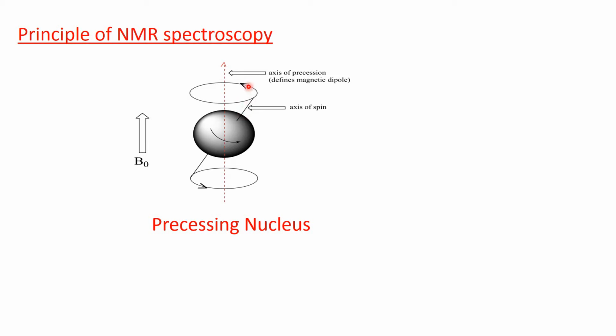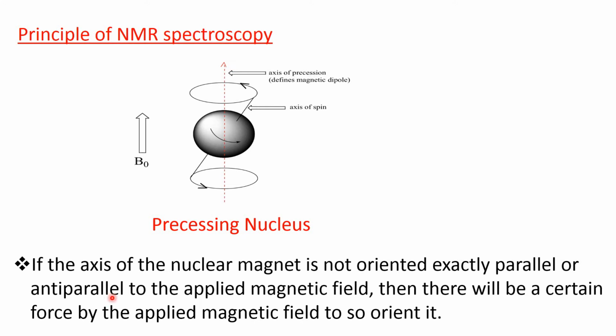This motion of the nucleus draws a circle perpendicular to the direction of the applied magnetic field. Then the nucleus is precessing. See, if the axis of the nuclear magnet is not oriented exactly parallel or anti-parallel to the applied magnetic field, then there will be a certain force by the applied magnetic field to orient it. It tries to orient towards this direction.